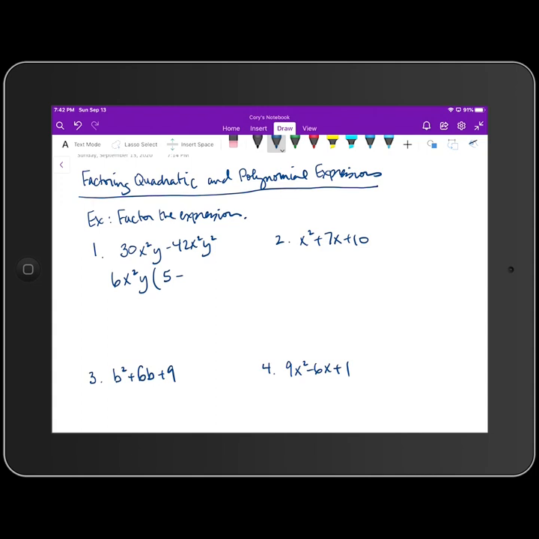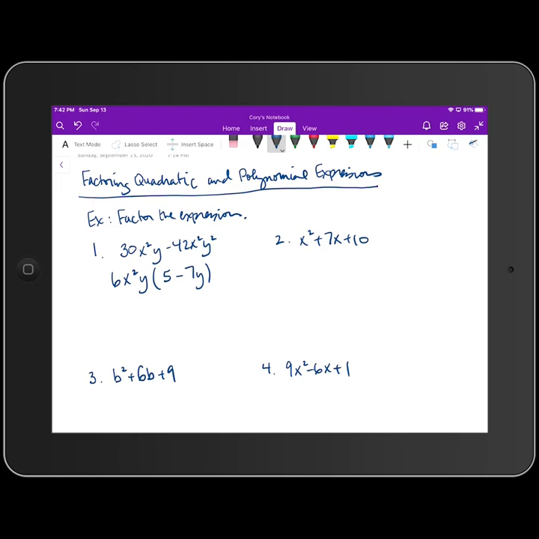To go from 6 to 42, I have to multiply by 7, and then we also have to add a factor of y. So that's 7 times y. That factors to 6 times x squared times y times the quantity 5 minus 7y. And that's all we can do when it comes to factoring that expression.